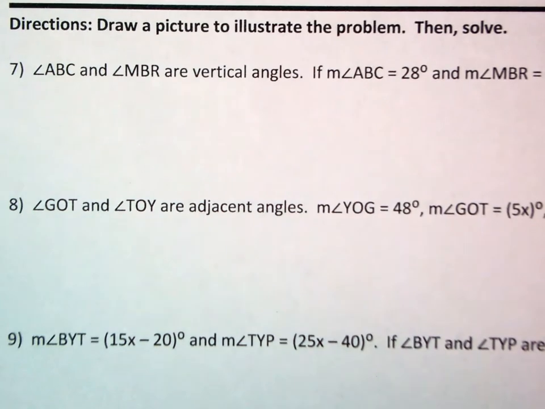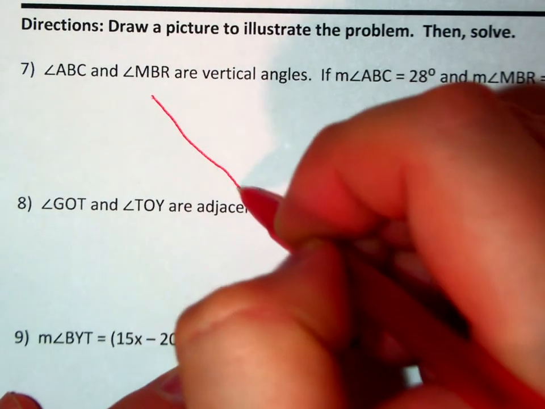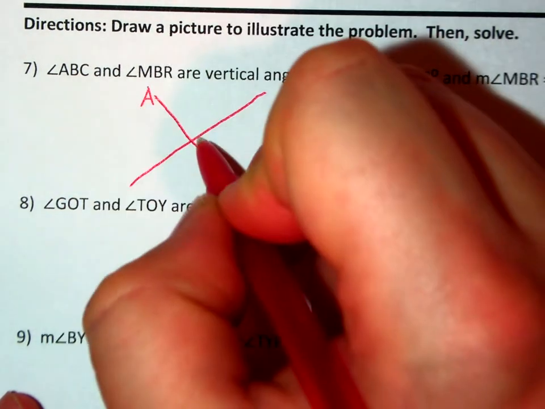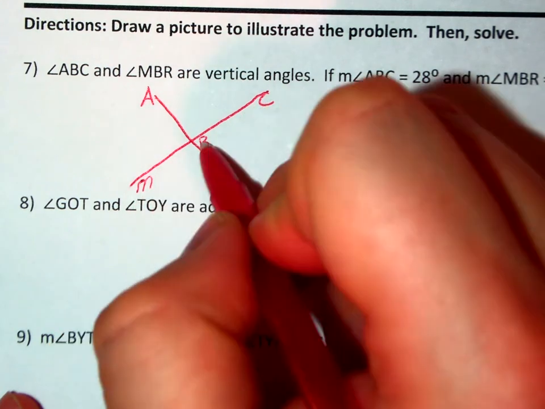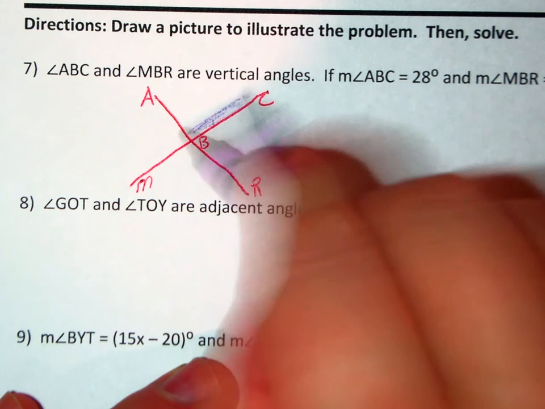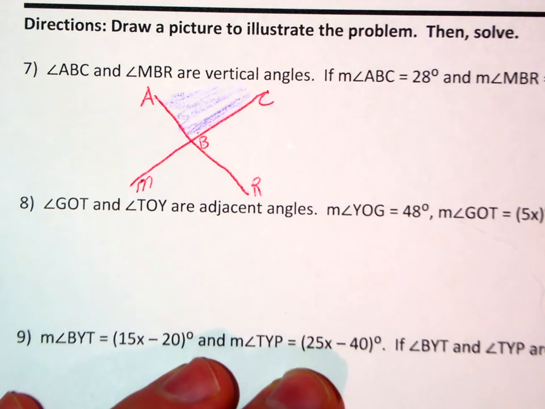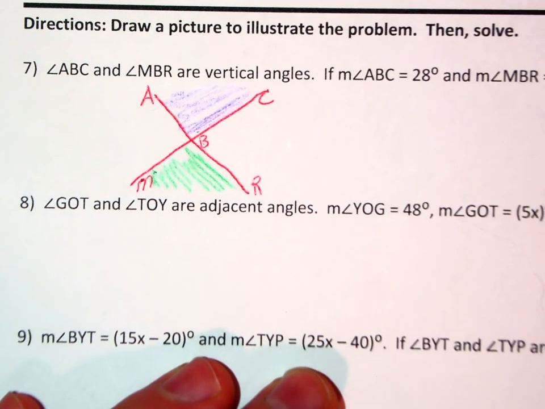Number 7. Angle ABC and MBR are vertical angles. ABC is a 28 degree angle. So I know right off the way I have vertical angles, A, B, C, and M, B, R. Let's add a little bit of color to these because they've told us ABC and MBR are vertical angles.